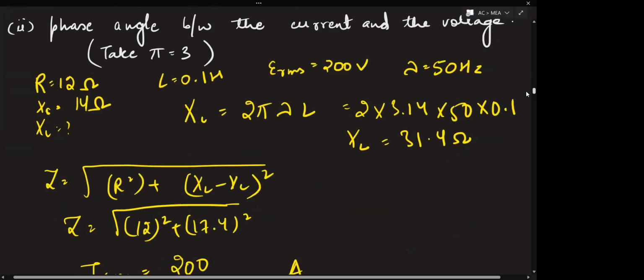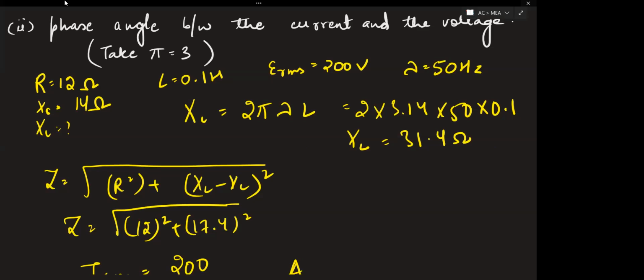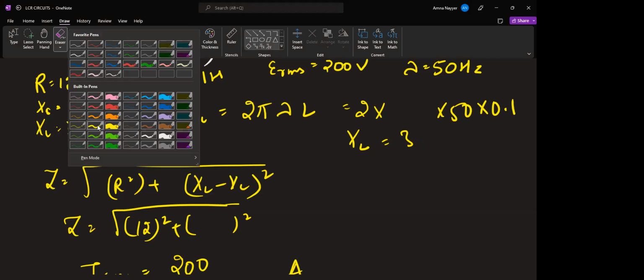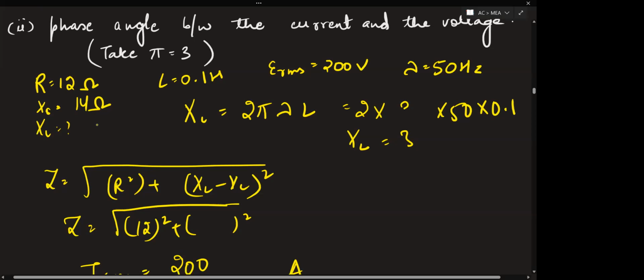See, if we take pi as 3, so here also some simplifications will be done. If you take it as 3, that will become 30. So that will ease our calculations. Let's take it as 30 only. This is 3. So this becomes 30 ohm.